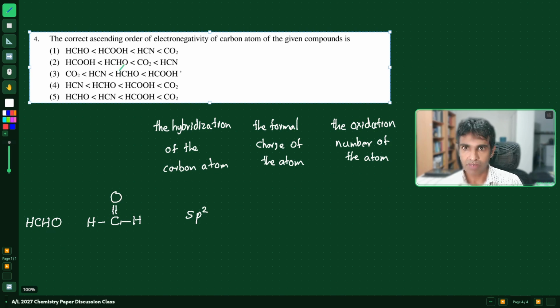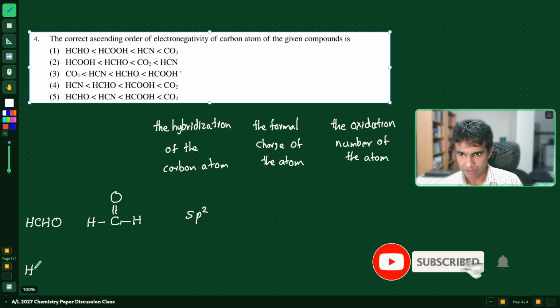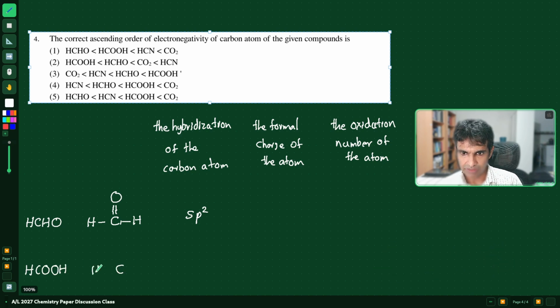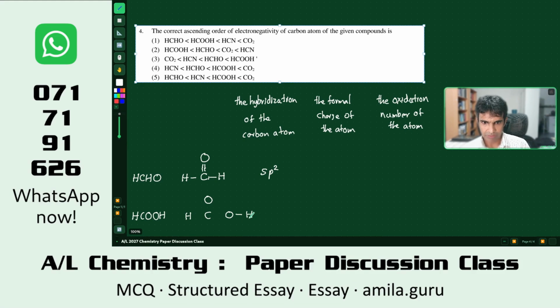Then what about the next one? It is formic acid. Carbon, hydrogen, there must be an OH group. What is the reason? The basicity of this formic acid is 1.